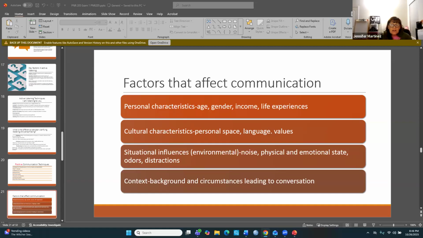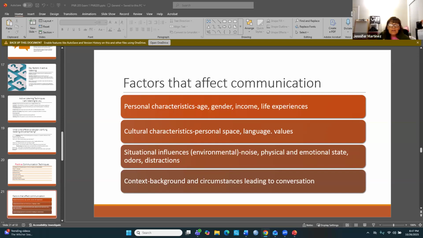And then distractions. You're in a patient's room or a client's room having a conversation and you have another nurse, another CNA, respiratory therapy, PT, OT, whoever, interrupting, and you're not able to focus all of your attention on that conversation, right? So these are some really common situational influences that we can see.